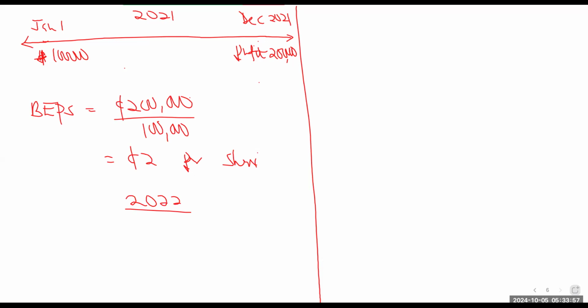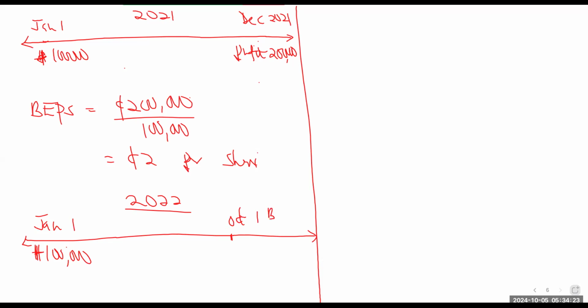If we come to the 2022 year, let's look at what happened there. On January 1, the entity had 100,000 shares there. But on October 1, the entity made a bonus issue of, let's see, 145.